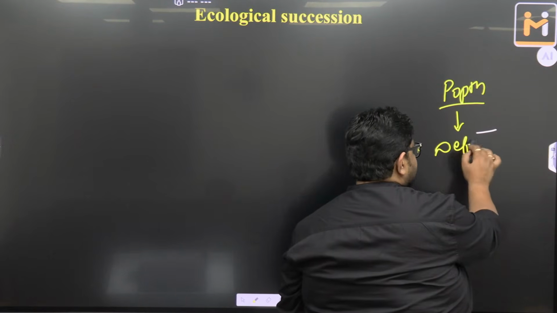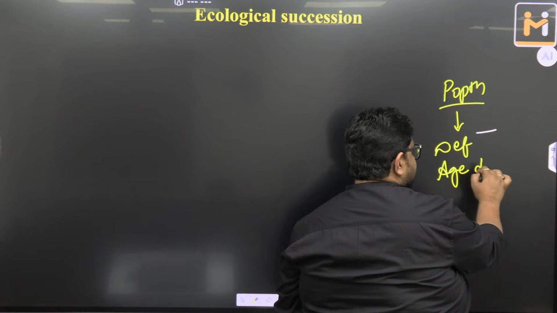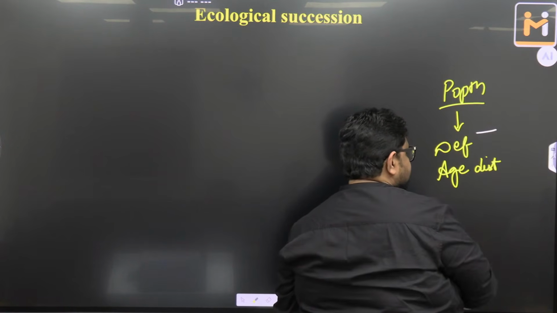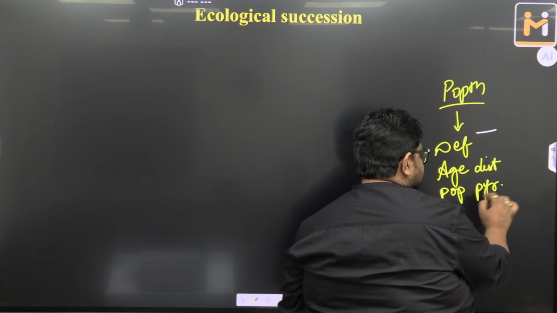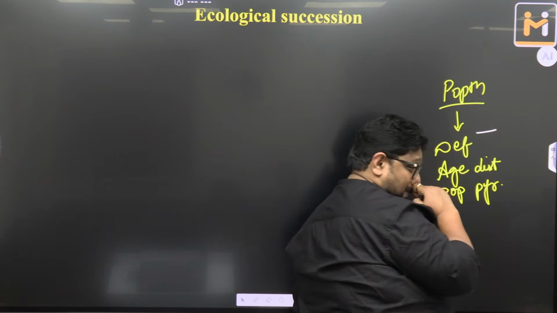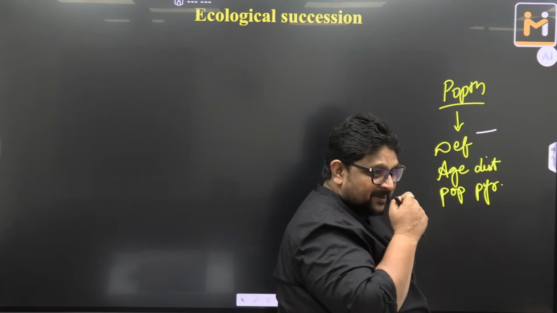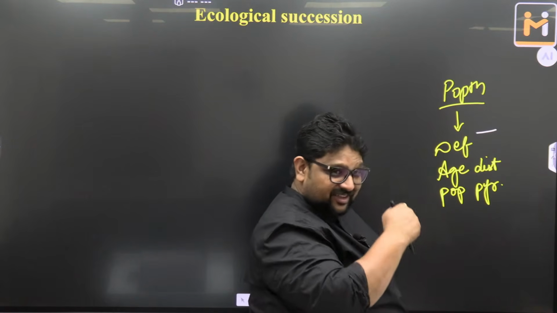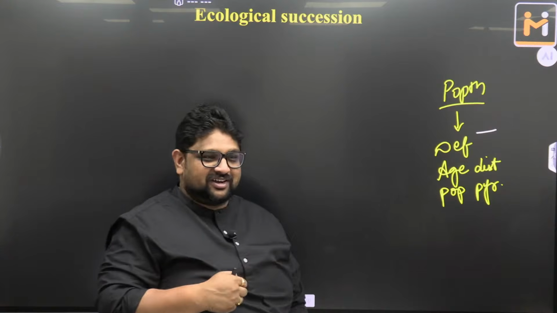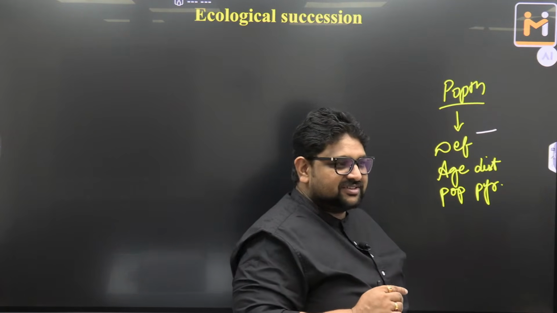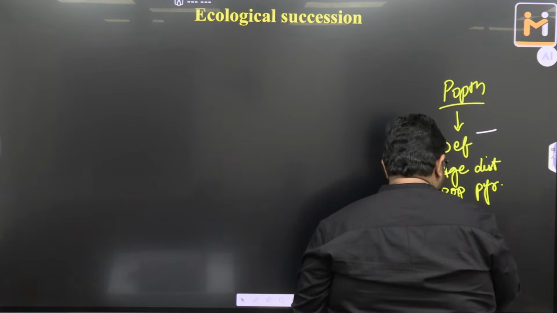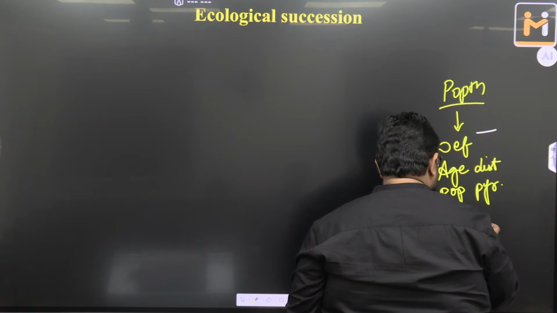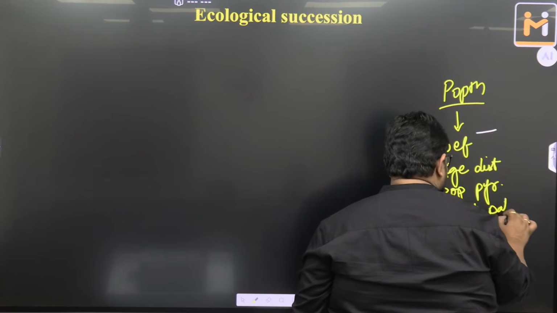Definition, age distribution, then population pyramids, then growth pattern. Okay, pattern of population growth.